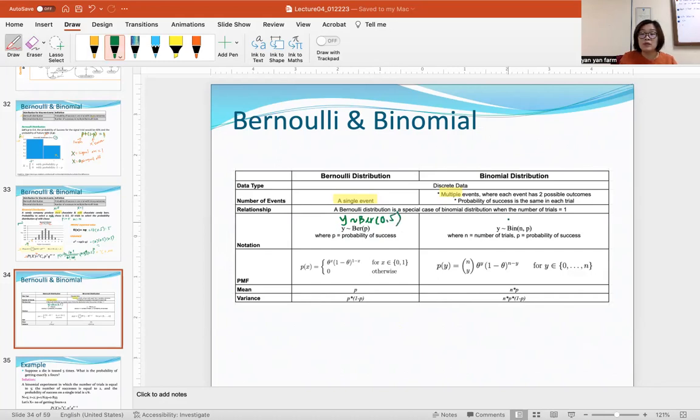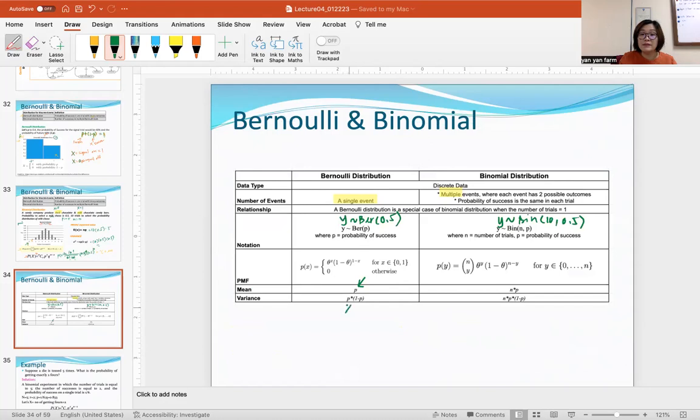If it is binomial, Y ~ Bin(n, p), where n is the number of trials. I had 10 just now, and my success rate is 0.5. For the mean of Bernoulli, it is p. Your success rate is your mean.